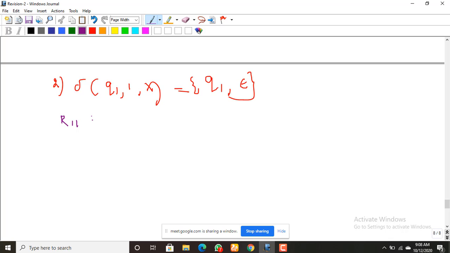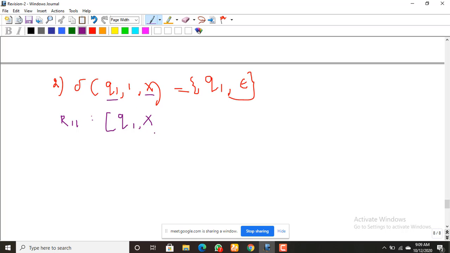So delta of Q1 1x equal to Q1 epsilon. This Q1 will come here, then this x will come here. This is the form of triplets.